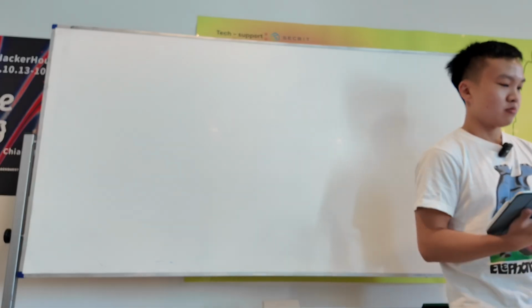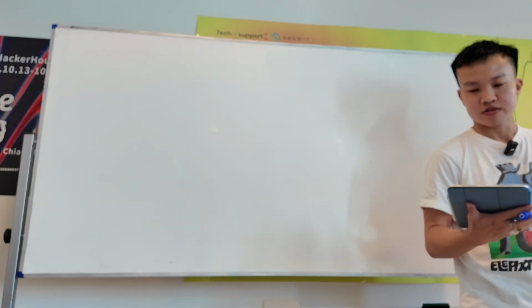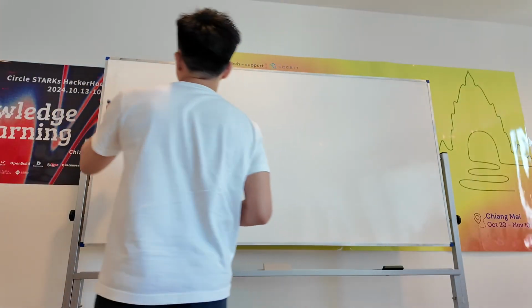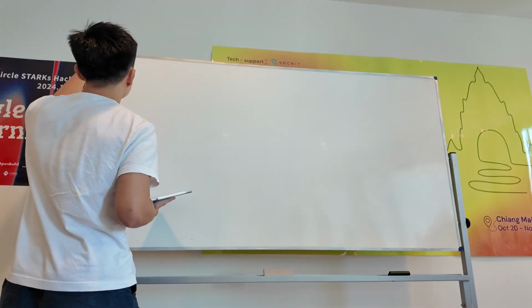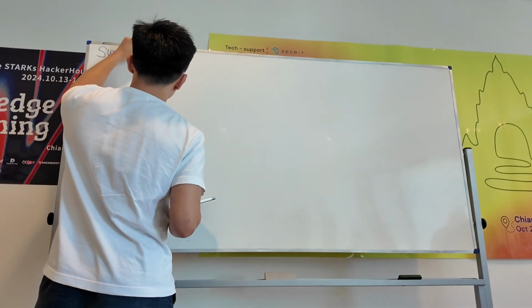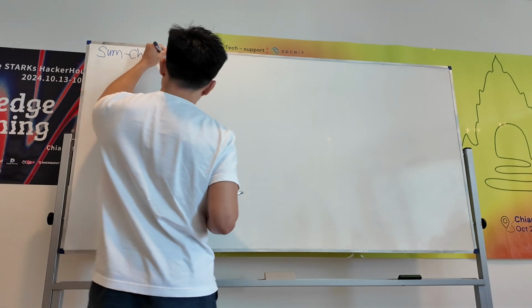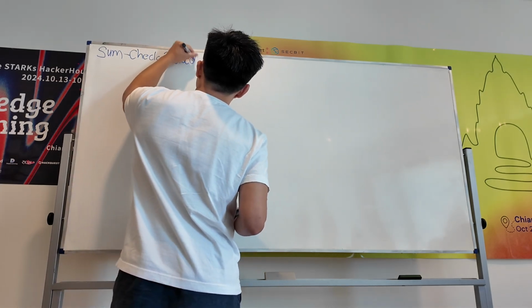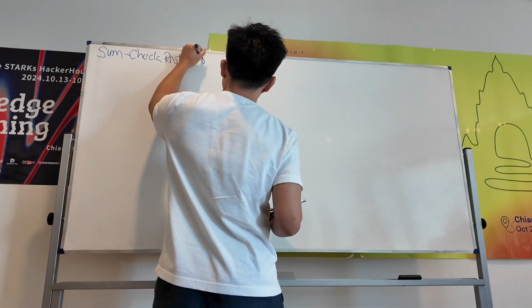Okay, good afternoon, everyone. My talk today is going to be on, while I'm writing this long title, I'll explain what I'm going to go through. It's called Sumcheck Protocol over Fields of Small Characteristics. There are three algorithms presented in the paper.